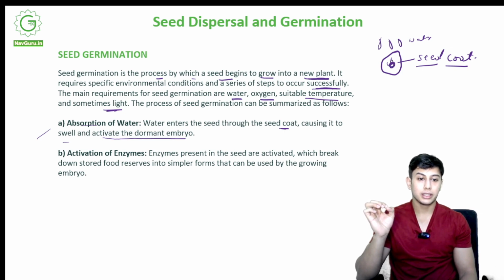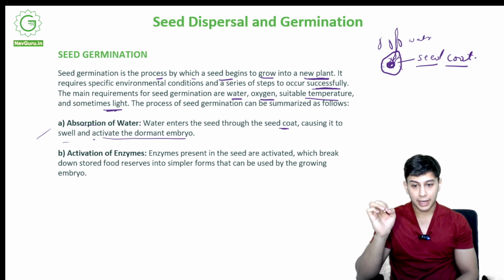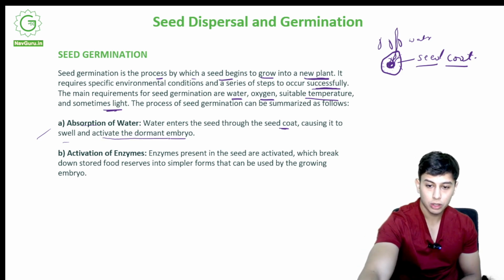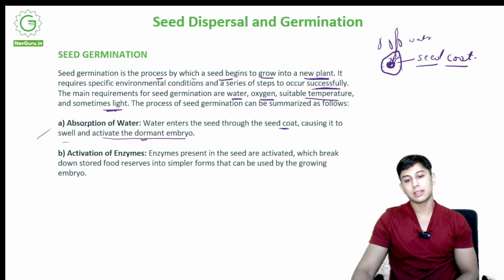All right, this will burst. The seed coat will break open. This embryo will awaken. Now it is getting favorable conditions, so it will try to grow. Activate the dormant embryo. What does dormant mean? Like sleeping, in a sleep cycle.